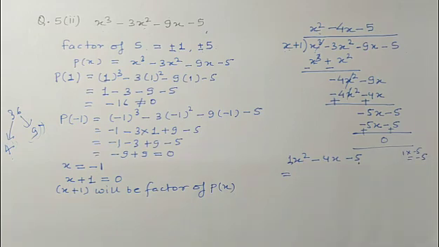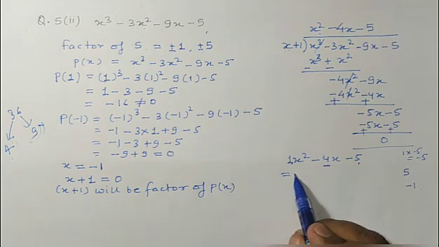Okay, so you will split this 4 such that the product is minus 5 and the sum is 4. In what two numbers can you split this 4? Suppose you take 5 and minus 1. 5 minus 1 will be 4, and 5 into minus 1 will be minus 5.